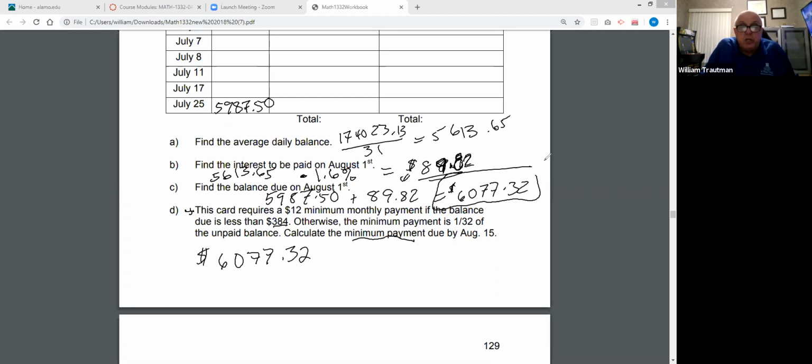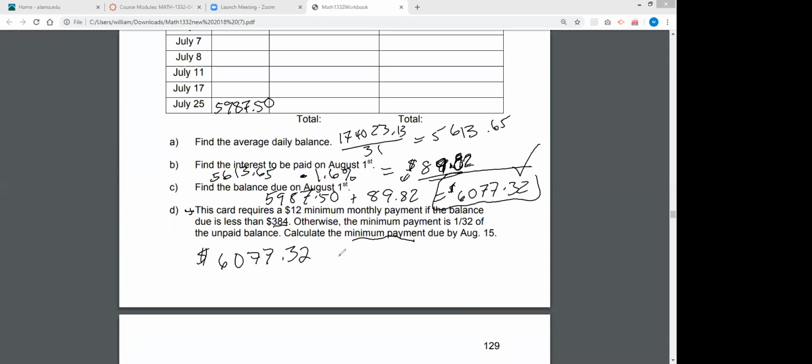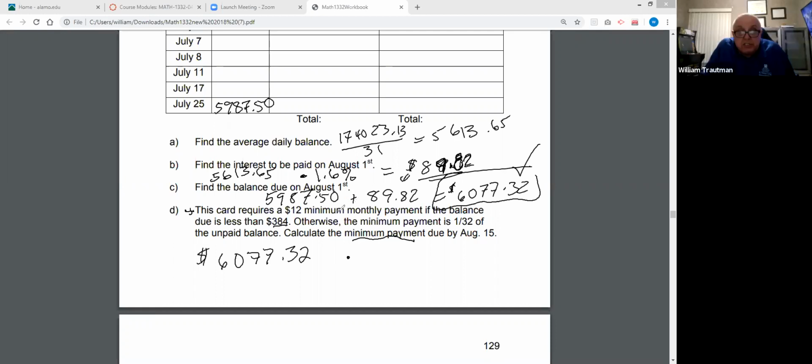So to calculate your monthly payment, your minimum payment due, you do your balance times, it says the minimum payment of 1/32. So your balance 6077.32 times 1/12.